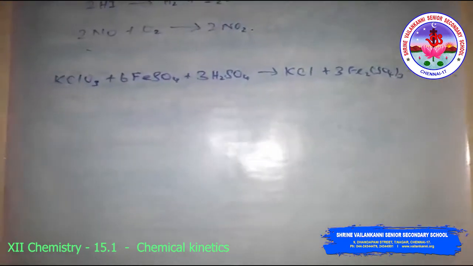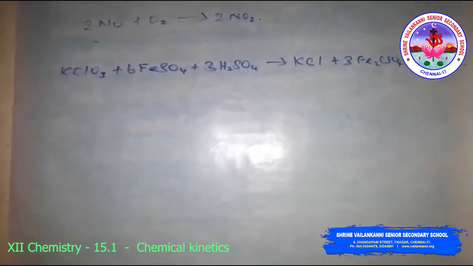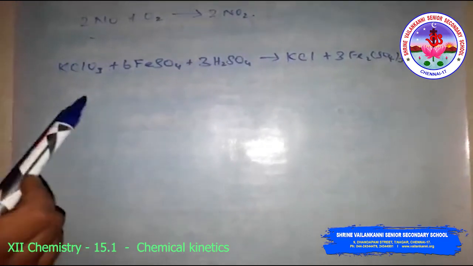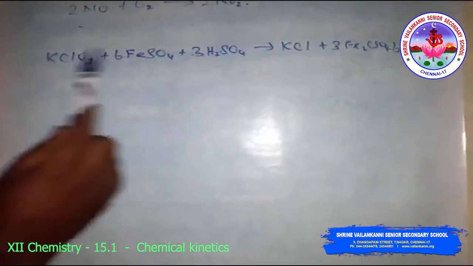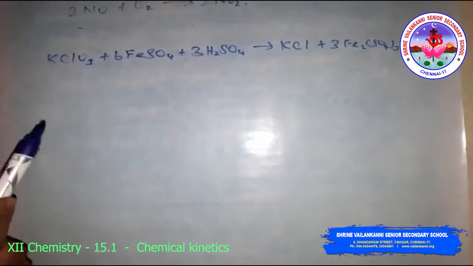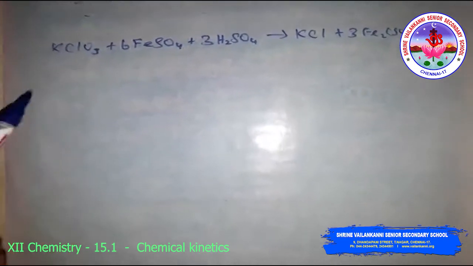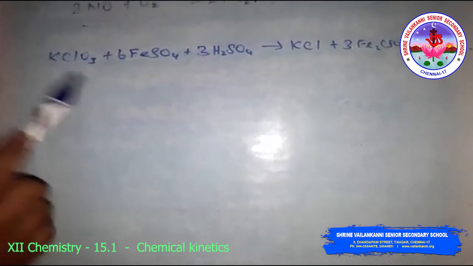So here the reaction which apparently seems to be 10th order is actually a second order reaction. Look at this, 6 plus 3 plus 1, totally 10. That's why I am telling you this reaction which apparently seems to be 10th order is actually second order.